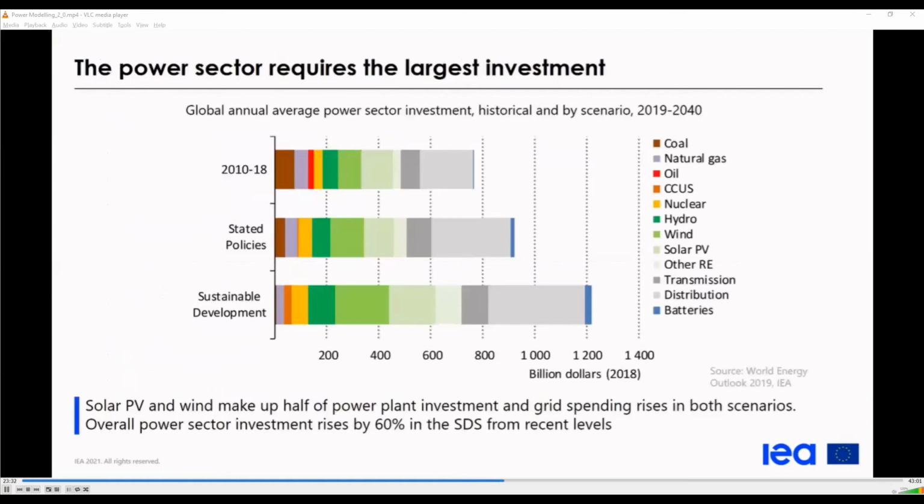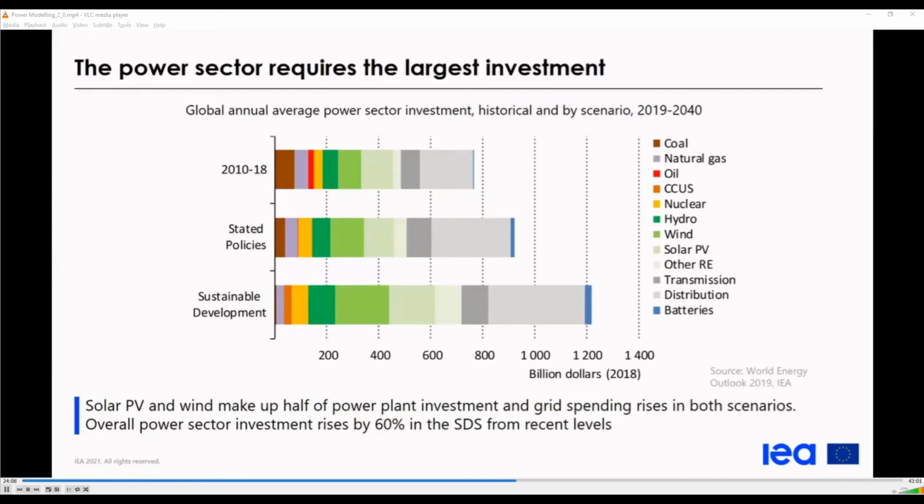And talking about investors, a very important outcome of models is the amount of investment that is needed overall in the sector and for each technology type, as well as all the related infrastructure. So beyond spending on power plants that we would derive from capacity additions and their unit capital cost, we also see here that electricity networks also need to be expanded, maintained, and digitalized.